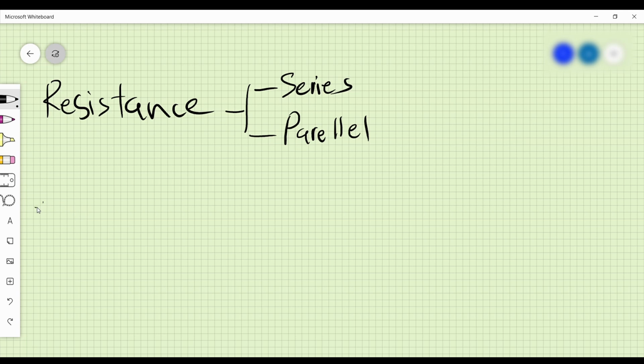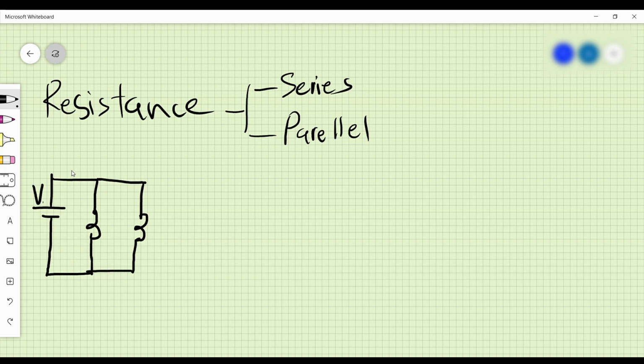I'll just draw a simple circuit. So that's the resistance here. Let's say there is another branch. So this is V, this is I, and this is R1, R2.